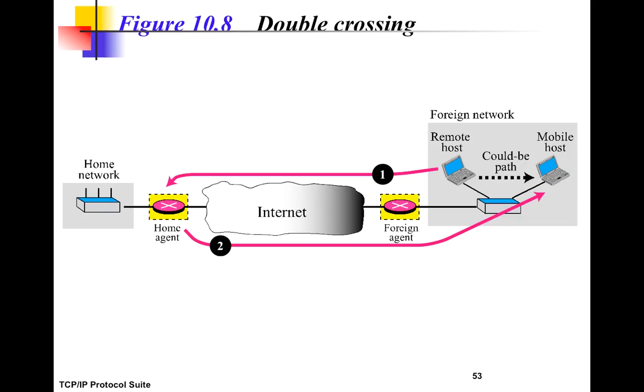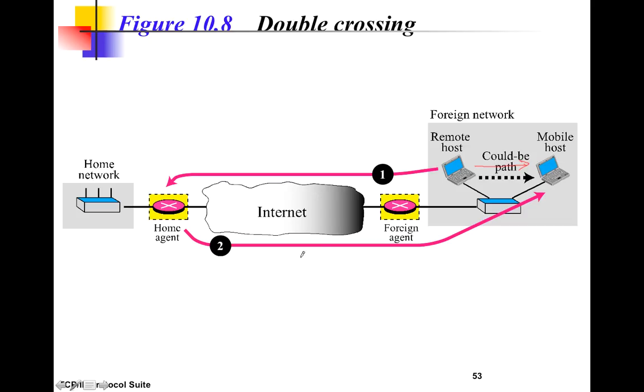So instead of communicating directly like this, the remote host has to send the packet to the home network, and then the home network returns it back to the foreign network. Okay?